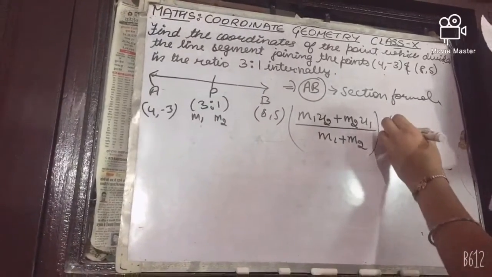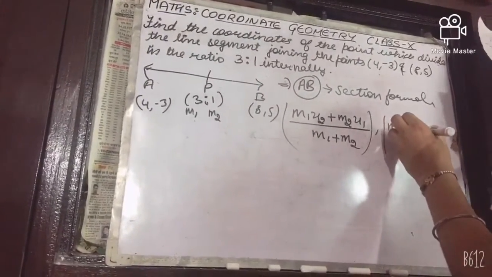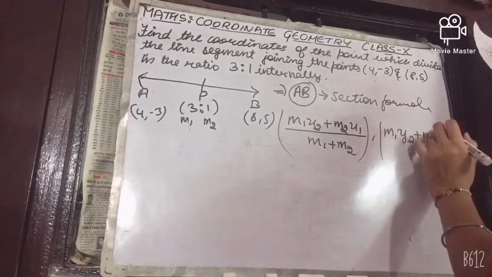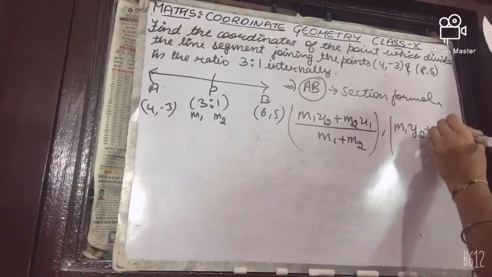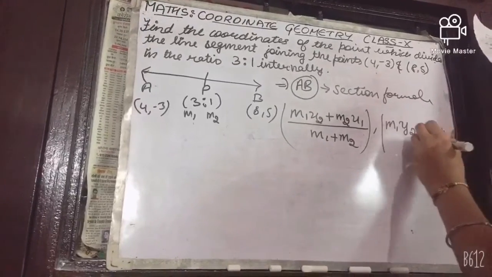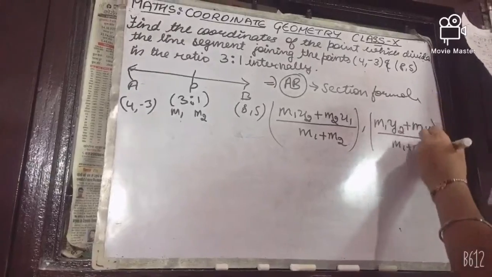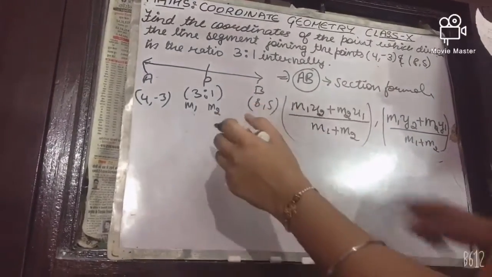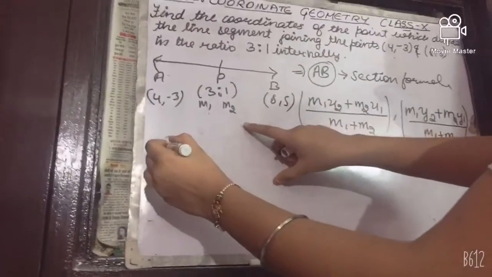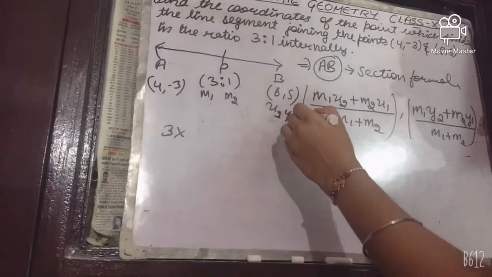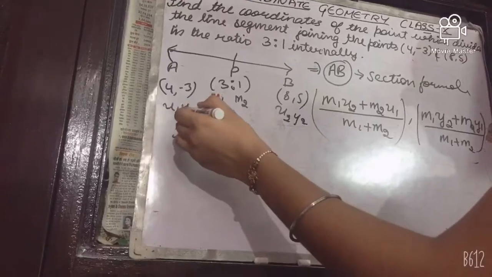And for Y also. So now I will put the values. 3 into x2, first of all, we will let it. Okay.